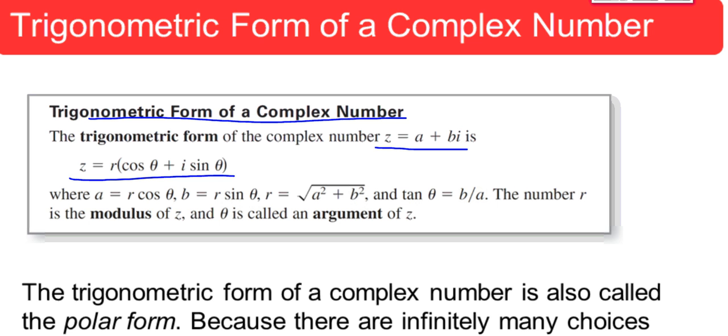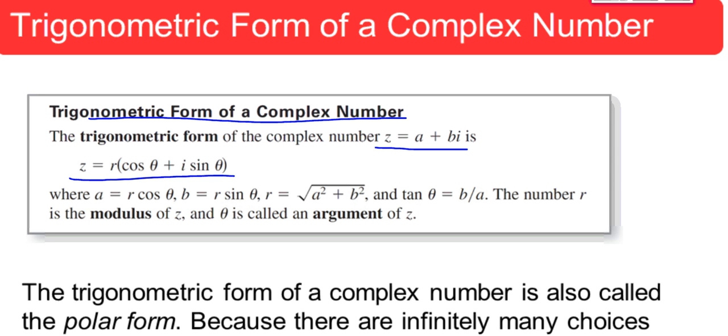And where a is r cosine theta, if we distribute that out, and b is r sine theta, r is the square root of a squared plus b squared. Now, the tangent of theta is b over a, but do you agree that that tangent of theta, that's b over a, is going to give us a reference angle? You with me on that? Remember how we've done that before, and really we did b over a in a different situation, but it works out to be that same thing.